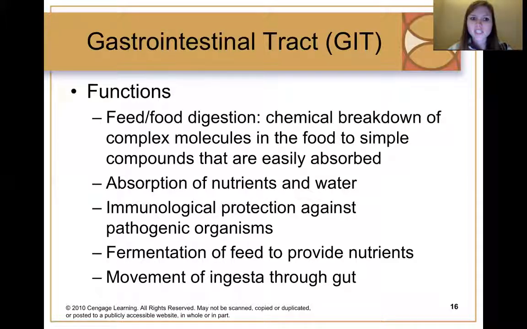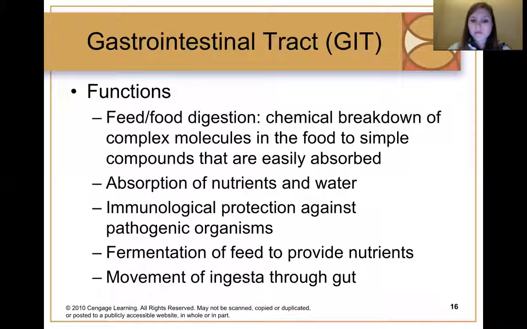Your digestive system is almost still considered the outside of your body, because if you think about it, it's basically one long tube from end to end. And so anything that's going to get into your body would come from your digestive system if you're eating it, right? Unless you have a cut or something like that.